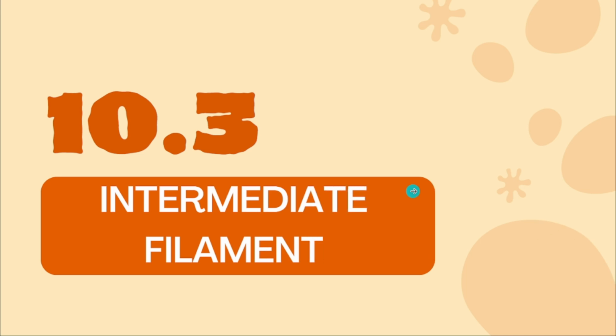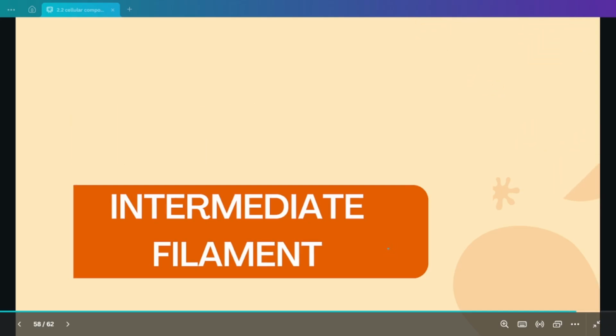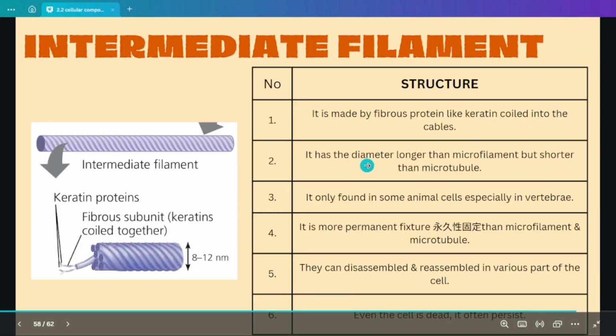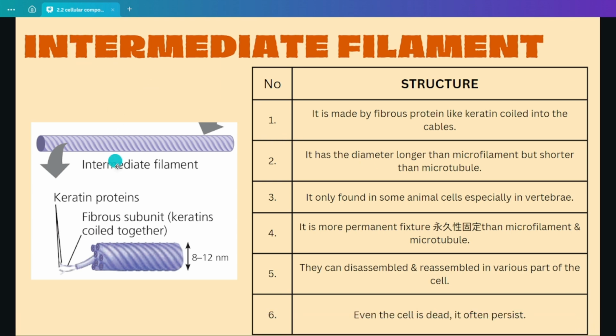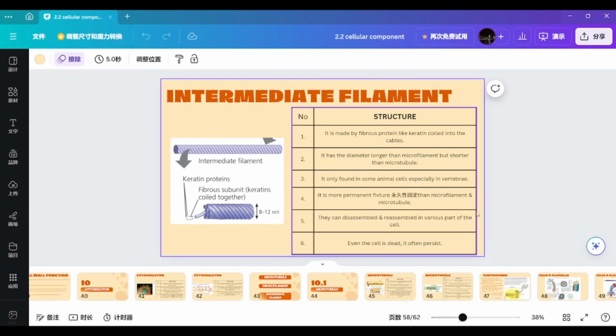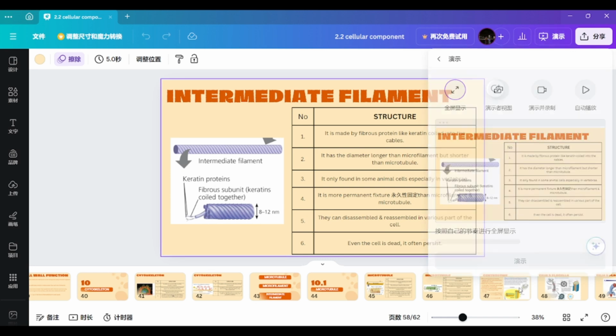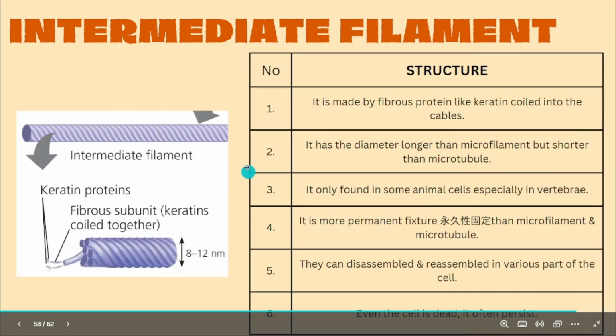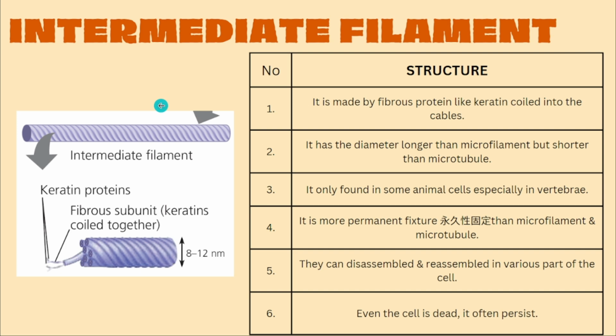Okay, the final one is the intermediate filament. Intermediate filament is the thinnest filament among the three structures of the cytoskeleton.